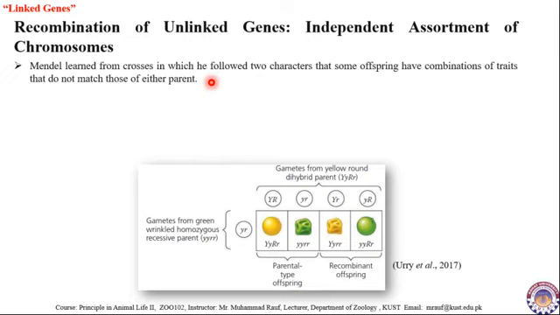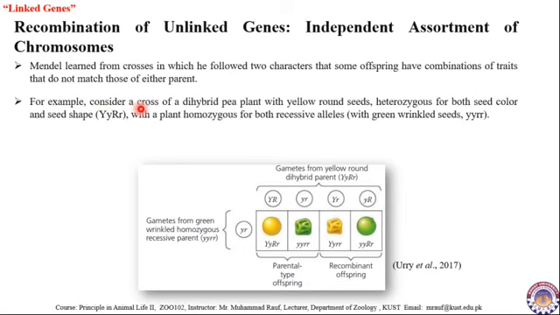So Mendel also reported such cases which violated even his own laws. So Mendel reported that some offsprings have combination of traits that do not match those of either parent.